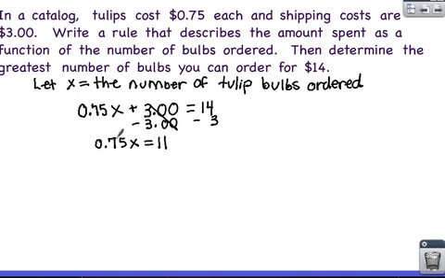Now I can take 0.75 and change that to 3/4 to make this a little bit easier, and multiply by the reciprocal of 4/3. I can't cross reduce, so I have that x equals 44/3.